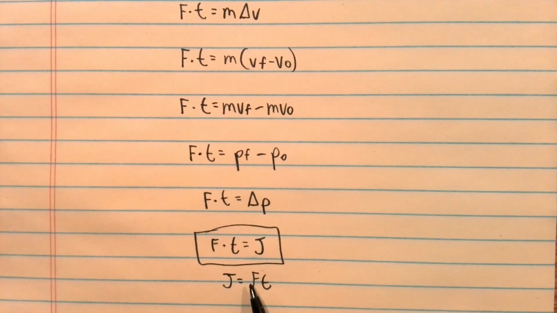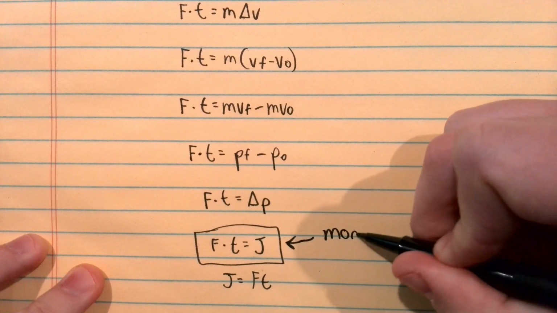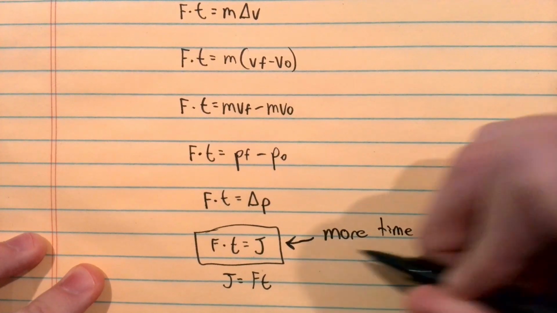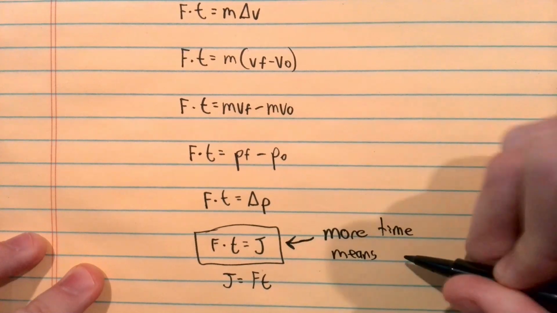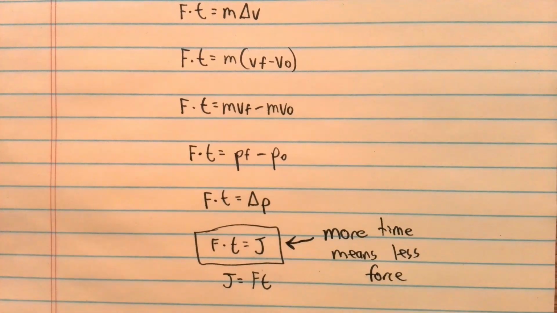This video is getting a little long, so we'll probably have to talk later. But basically, the equation implies this. More time means less force. If you jump into a fluffy bed, the time of your collision is very large. Therefore, there's less force pressing on your face.